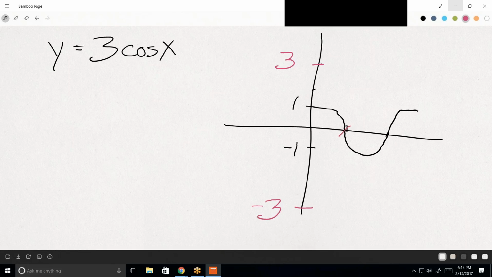So it's still got to go through that point, that point, that point, back up to that point. And it's got to go through this point right there. In other words, I still quarter it up, and the curve is still going to look like a cosine curve, but it's going to be vertically stretched. Okay?